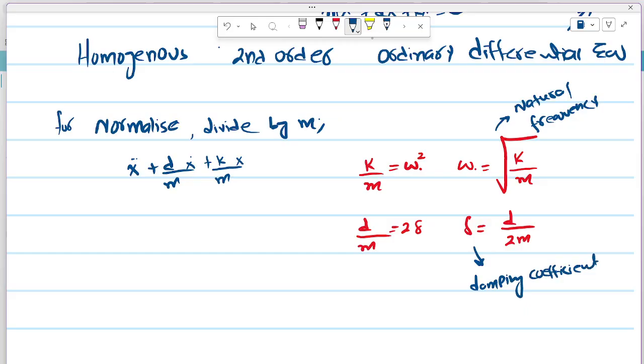So why do we need to divide by m and get this quantity? Because whenever you're studying a mechanical vibrating system, you are interested in the natural frequency of the system. Whenever the frequency of the force acting onto the body matches the natural frequency of the body, it will undergo resonance.